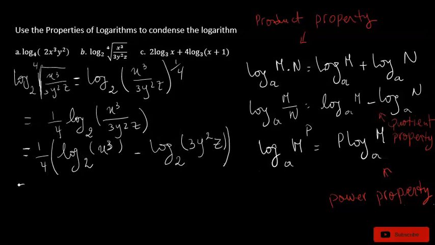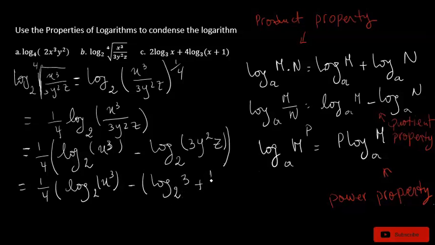It is equal to 1 over 4 log base 2 of x cubed minus log base 2 of 3 plus log base 2 of y squared plus log base 2 of z.